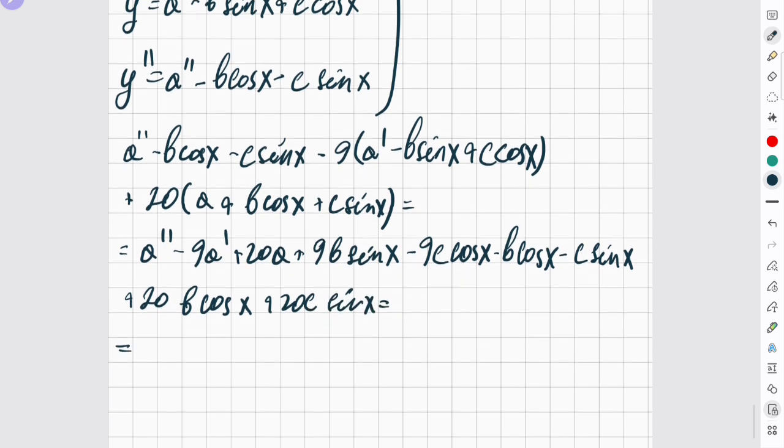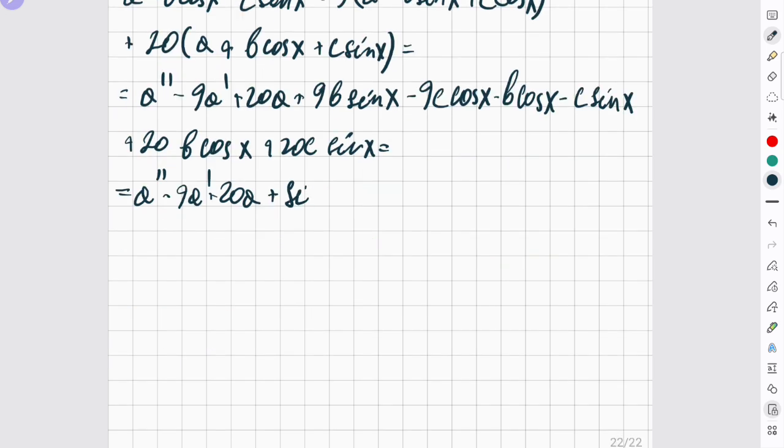In the end we will get this expression: a double prime minus 9a prime plus 20a. Let's write sine x times, we have 9b here, and then we have minus c, and then we have plus 20c, so we can write plus 19c.